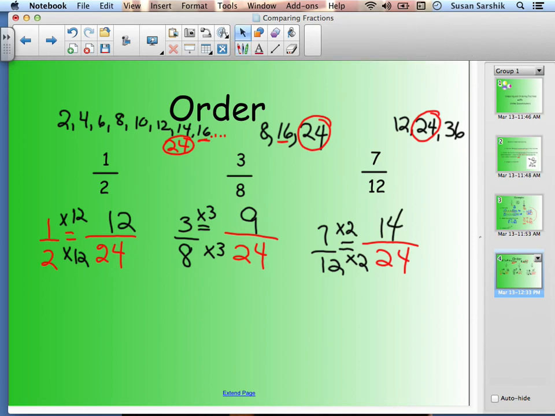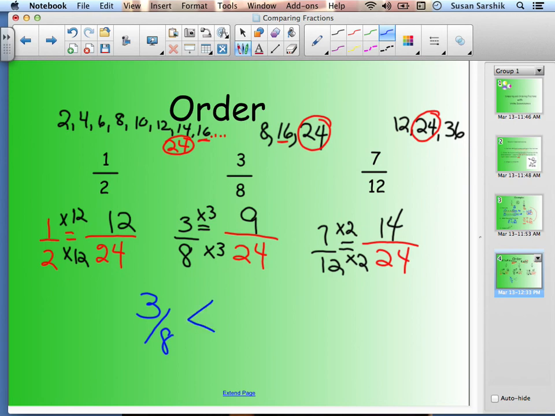So now when I'm asked to put these 3 fractions in order, 1/2, 3/8, and 7/12, from least to greatest, I can see this is only 12 out of 24, 9 out of 24, and 14. So it's clear that 3/8 or 9/24 is my smallest.